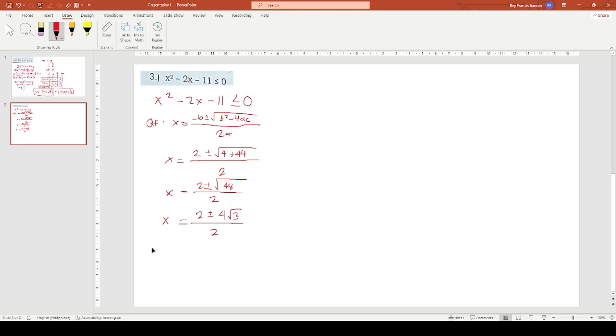So, our critical points are x1 is 2 minus 4 square root of 3 over 2, and x2 is 2 plus 4 square root of 3 over 2.